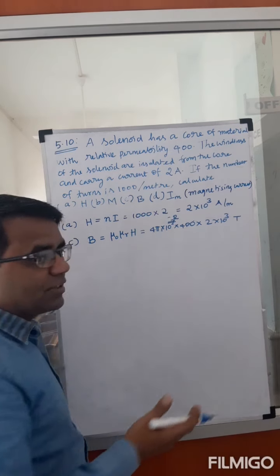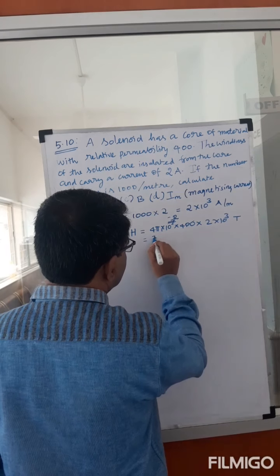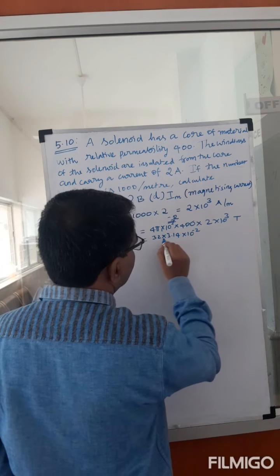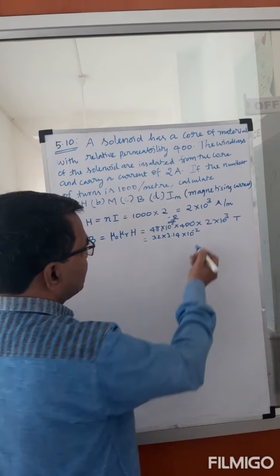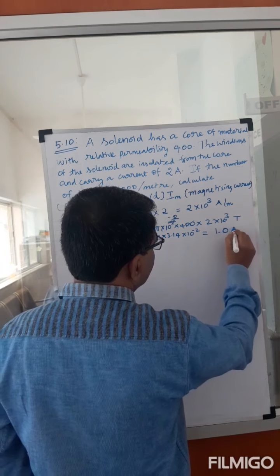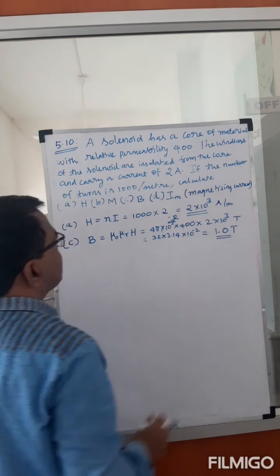So 32 into 3.14 is approximately 100. So 32 into 3.14 into 10 power minus 2. So this is going to be 100. It's going to be 1 by 100. So this is going to give me roughly 1 Tesla.